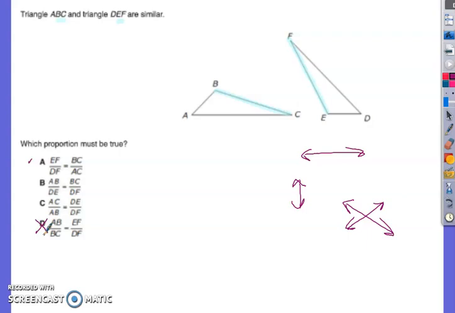So now let's do AB. I see AB on these two, okay? So I'm going to use a different color, guys. Use a marker, use a different color. So AB will match DE. First two go with first two. AB corresponds with DE.